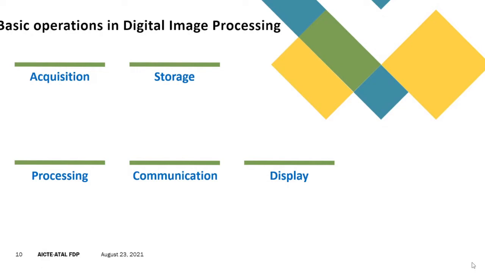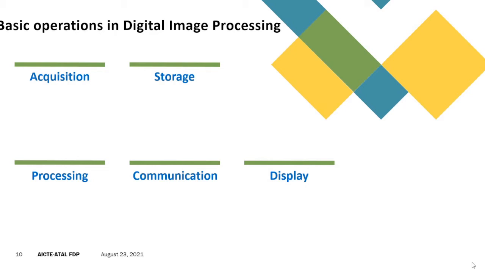Now I'll be talking about some of the basic operations in digital image processing. What are the basic operations? When you have to process any image, what is the first and foremost requirement? You need an image. Unless you have an image, you are not able to process it. It means capturing the image.